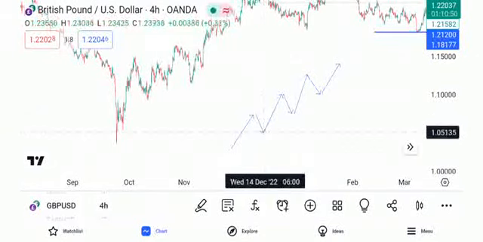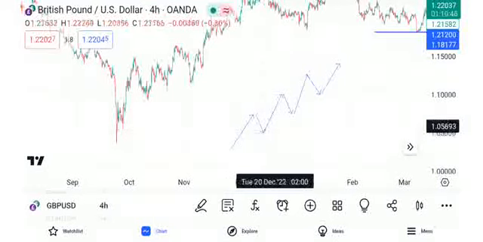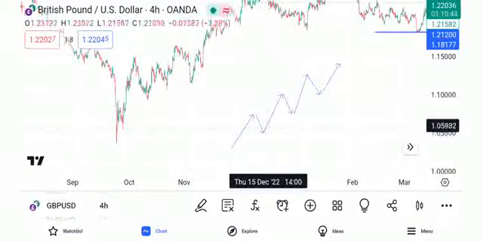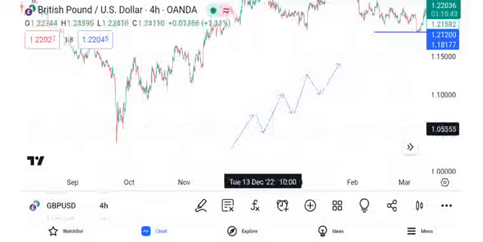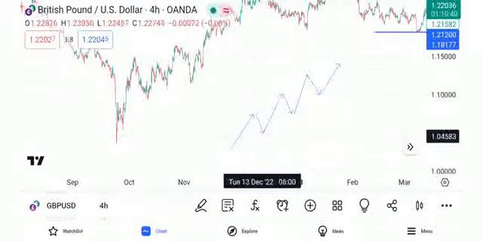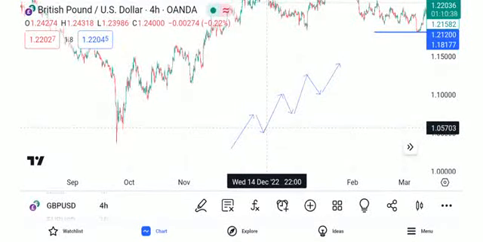Now for the market to change its direction back to the downside, it has to break this level, this most recent higher low. It has to break the most recent one, the most recent higher low that is current to the market movement where the buyers are.